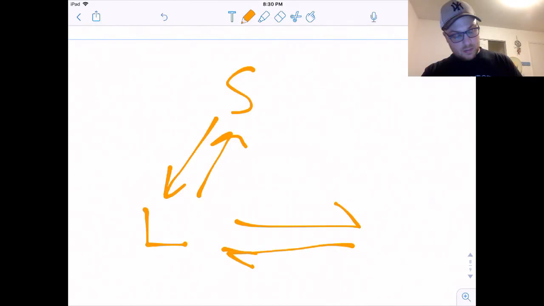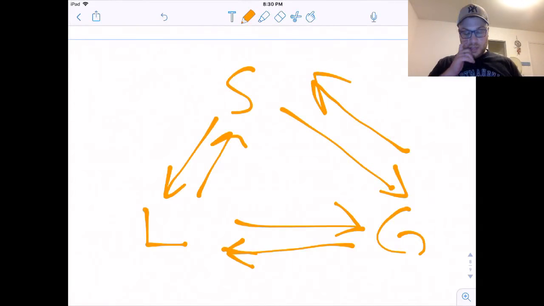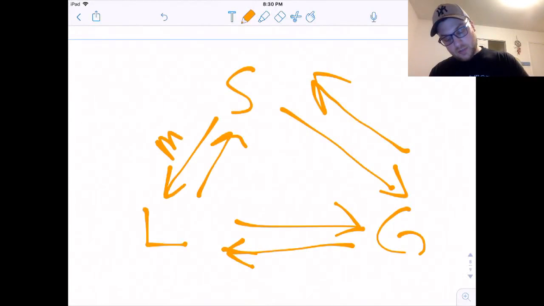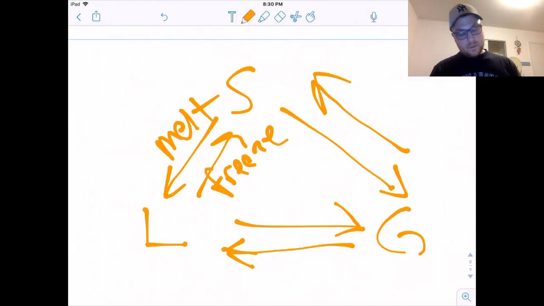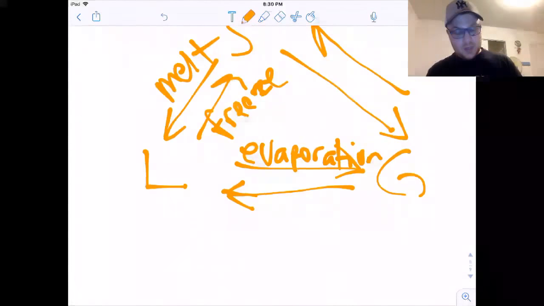Liquid to gas, we could call it a few things, but evaporation. Call it boiling, vaporization, any of those. Gas to a liquid is condensation, or it condenses from a gaseous water vapor to liquid rain. And then solid to a gas is that fun word called sublimation, which was on one of your CASA learnings that some of you still have to do.